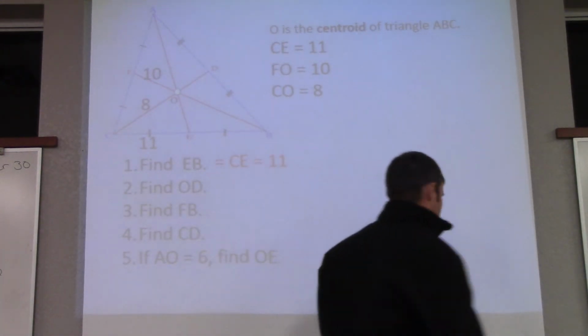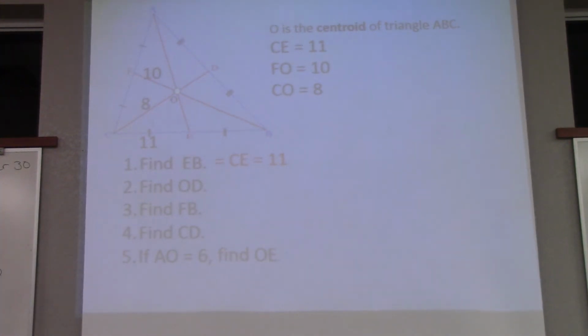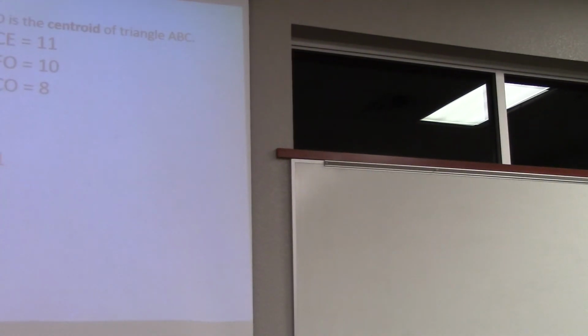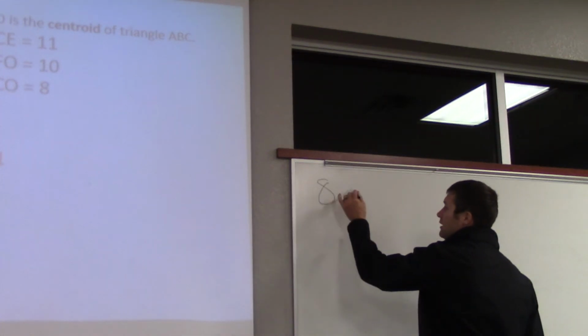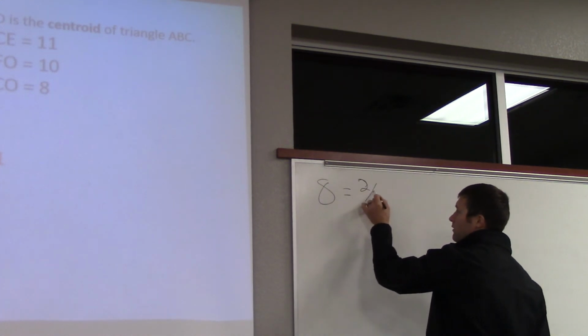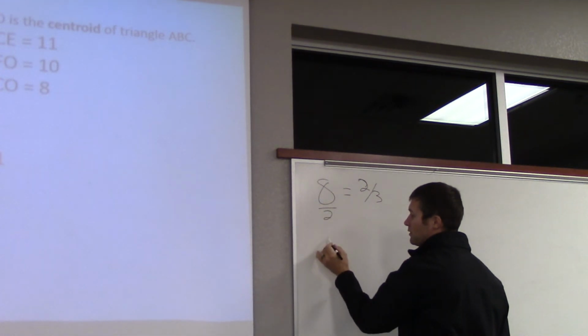So if I break it up into thirds, I'm just going to take 8 and divide it by 2. So 8 divided by 2, since it's 2/3, I divide it by 2. You're going to see me do a little bit of work over here. 8 is 2/3 of the whole distance, so all I do is take 8 and divide it by 2.